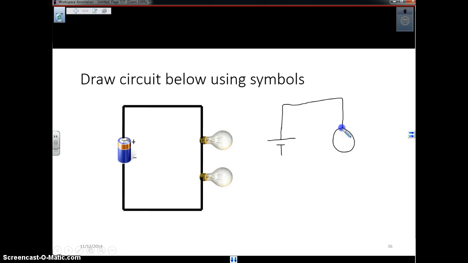The way you're going to draw the light bulb is you continue the line and then make it stagger like that. And then finish off the box. And there you have it. That's your circuit design for 2 light bulbs and a battery. Just like that.